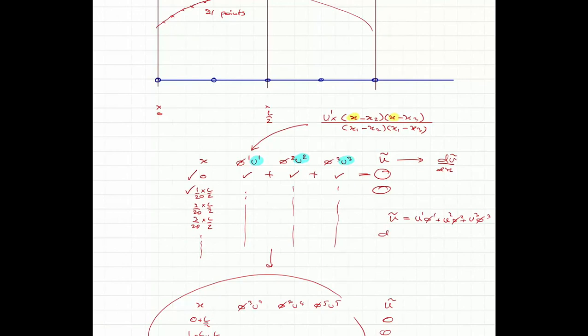So the du dx is equal to u1, which is a constant, don't mess with it, times d phi1 dx, plus u2 d phi2 dx, and so on. So you're going to plot this like here.